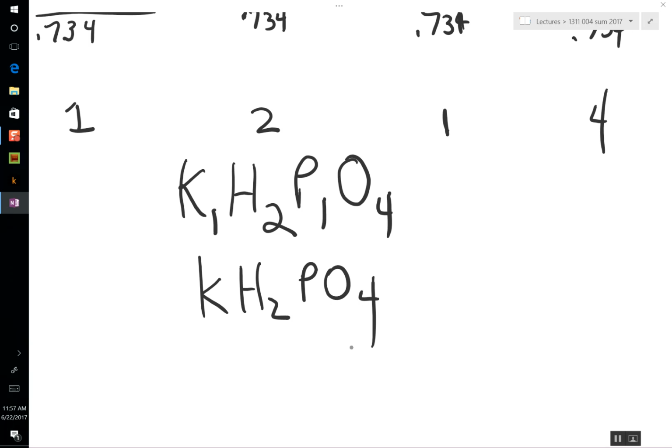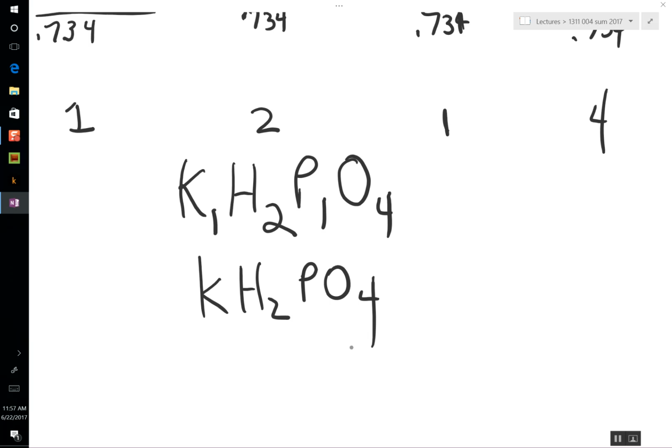Okay? So that's how you go from a percent composition to an empirical formula. Yes? Just a quick question: on the packet, problem 19 is the same thing. Do we assume it's still 100 grams? Yeah, that would be the strategy to go all the time from a percent composition.